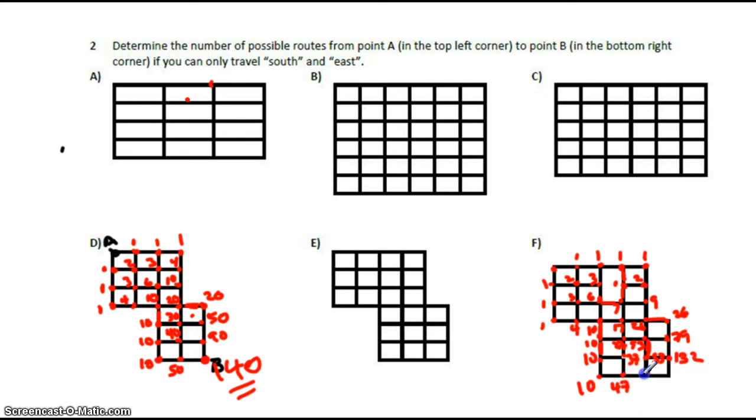This one here is fed by 2 streets, those two. 53 plus 47 gives me exactly 100. 100 plus 132 is 232. I did that one really quickly, so I hope I did all my adding correctly. So that's F. Hopefully that helps.